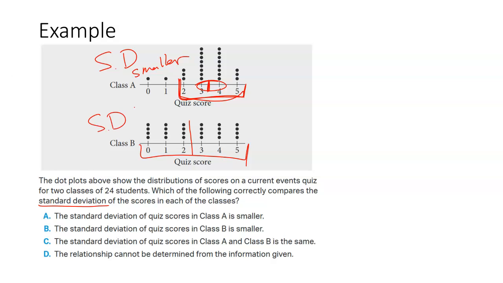My standard deviation here is larger. Okay? And so here we would say, okay, my answer is A. My standard deviation is a measure of spread. How spread out it is. The smaller the number, the less the spread. The bigger the number, the bigger the spread. That's the best way I can describe it. Okay? I didn't have to calculate the mean, I didn't have to calculate standard deviation. I'm just looking at the pattern on the charts.